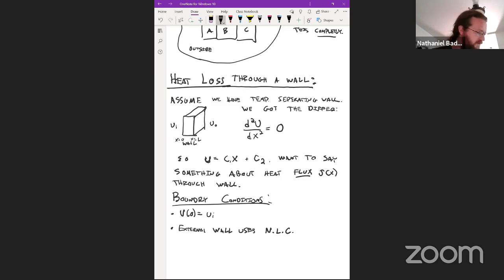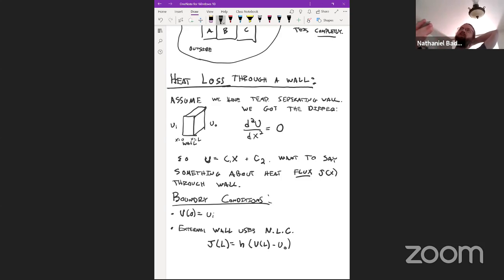So the Newton's law of cooling condition is that J of L is equal to H times U of L minus U outside.